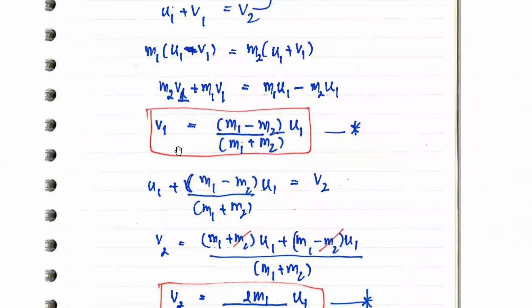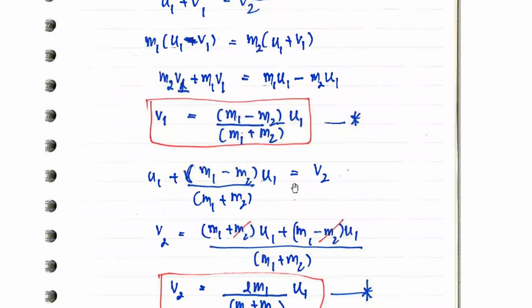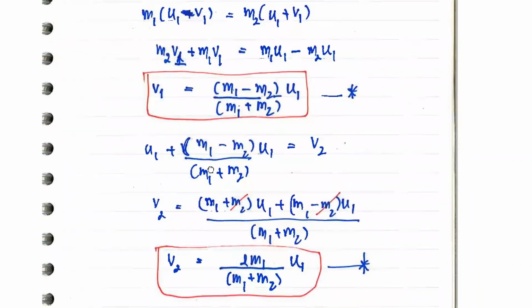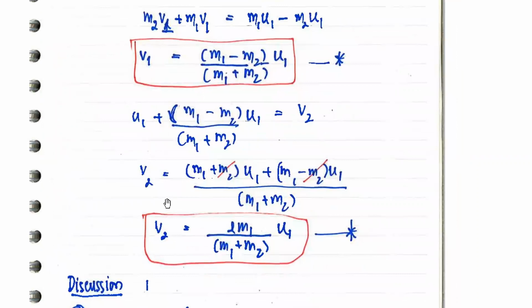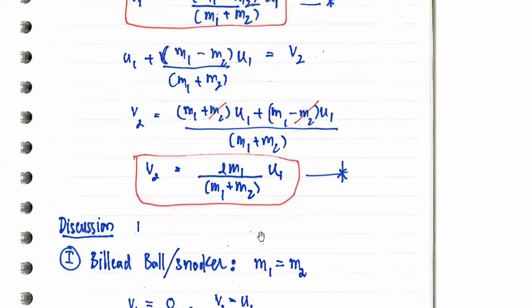Now you can plug this value in to find v2, because v2 is u1 plus v1. Working it out, you get v2 equal to 2 m1 divided by (m1 plus m2) times u1. So after the collision, the velocity is something like this. We can think of this as the case of Mokatai.